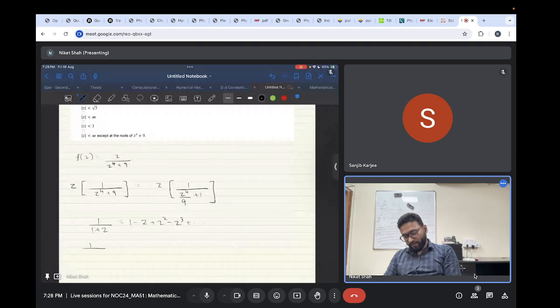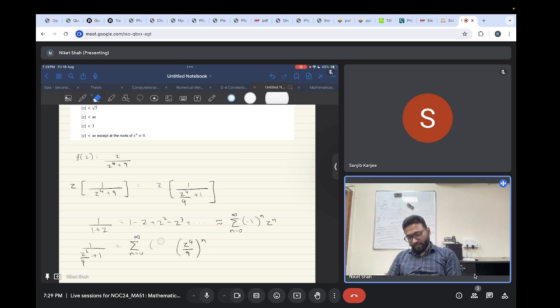So similarly 1 upon 1 plus z power 4 is basically equivalent to the sum over minus 1 power n z power n, n equal to 0 to infinity. So similarly for z power 4 by 9 plus 1, this can become equal to minus 1 raised to power n, z power 4 by 9 raised to power n.